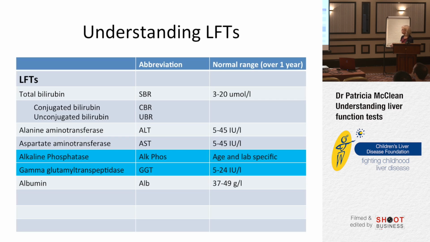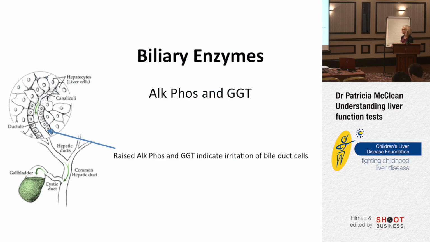Then I've moved on to the alkaline phosphatase, ALK-PHOS, and gamma-GT. And these are what we call the biliary enzymes, because they tend to leak out of the little cells lining the bile ducts. And so if they're raised, it would suggest that there's something irritating the bile ducts.